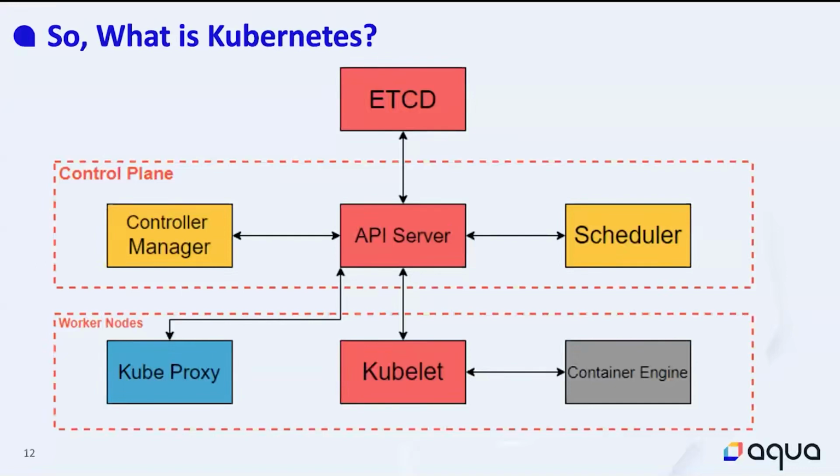So this is a very high level overview of what's inside of our Kubernetes cluster. Usually you have a main node, also called the master node, with the control plane, and then you have different worker nodes. In the control plane, we have our API server. And the API server is really like the heart of our Kubernetes cluster.